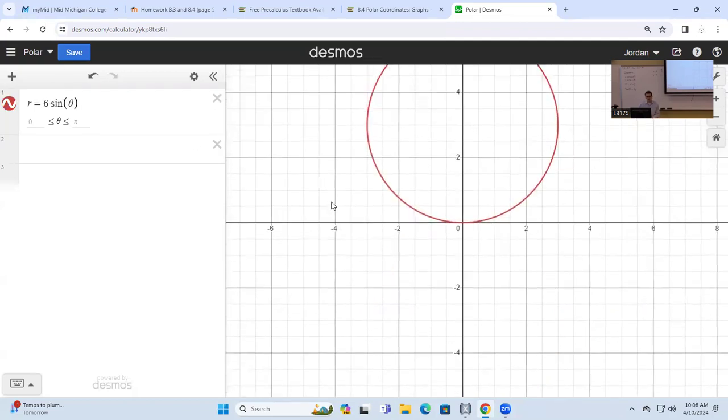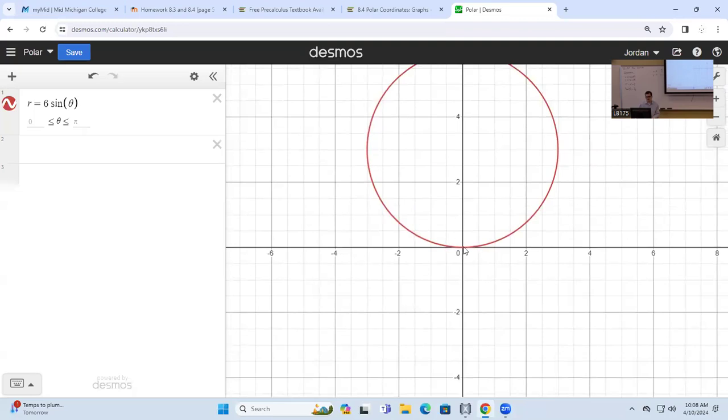So that's a way to get circles which pass through the origin. And if you're reading along in the book, sometimes the origin is called the pole, P-O-L-E. So if you ever see that language, that's what that language is.